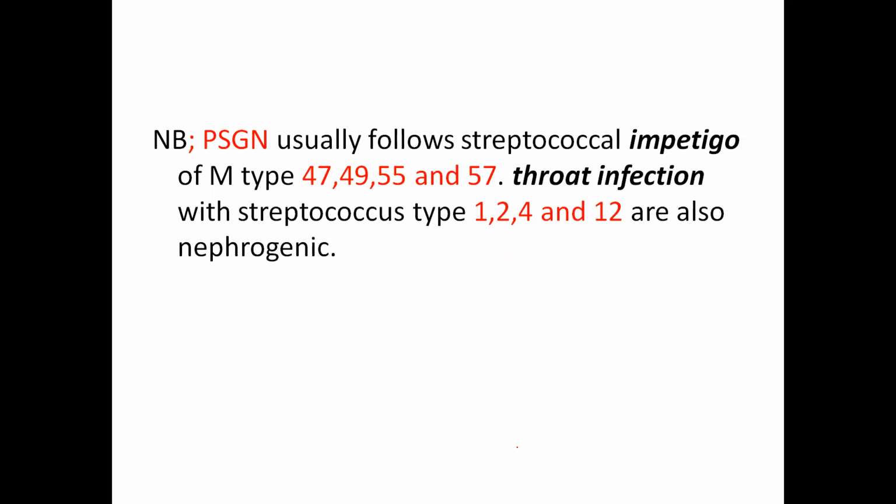M type is the most important virulence factor of Streptococcus pyogenes. It is a surface antigen that prevents phagocytosis and more.